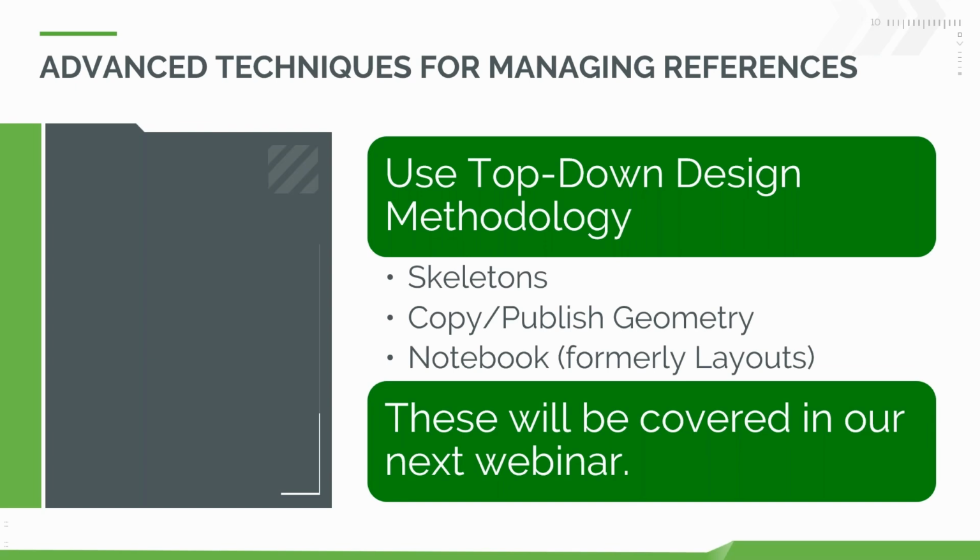And there's also some other functionality called Notebook, which we can talk about later. It's basically like a spreadsheet, it's not Excel, but we have a high level drawing which has got a table in it, and we drive everything from that, which then pushes everything down to the lower levels. Okay, and we've got another webinar coming up for that in about a week or so, 2 weeks maybe.